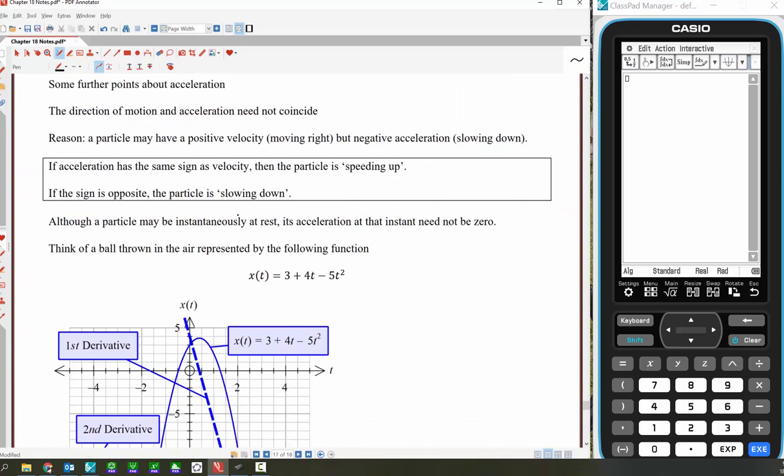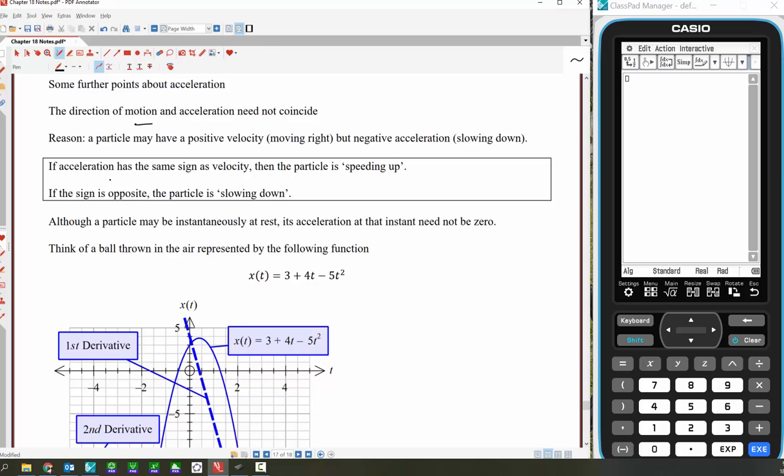A few interesting points about acceleration. The direction of motion, that is the way the particle is moving, and the acceleration don't need to be the same thing. The reason for that is a particle may have a positive velocity, that is moving right, but a negative acceleration, slowing down. So you can move to the right and slow down, and you're going to have to do that if you want to change direction.